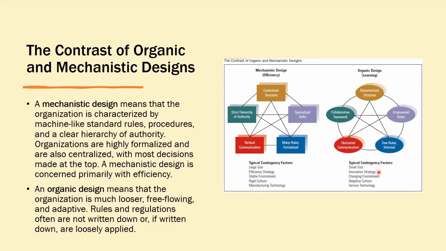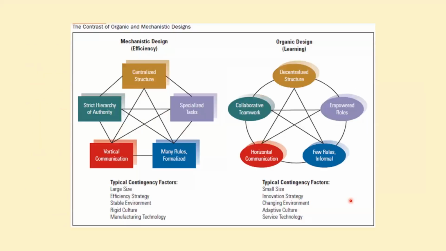Their main aim is to be innovative. It's a changing environment, which means that they have to respond and be adaptive to whatever is happening in the external environment. Their culture is also adaptive, and they usually implement service technology. So this is just a bigger demonstration of the same thing I was discussing before.